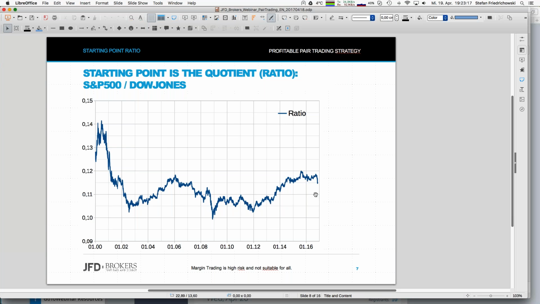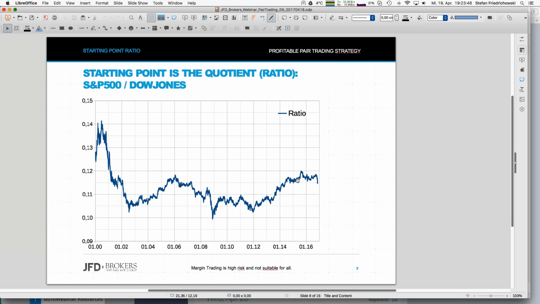Overall, that ratio is between about 0.11 and 0.12, more or less constant, but there is, let's call it, a little bit like a trend behavior, even in that ratio. For example, here we have 4 years with an increase of that ratio.